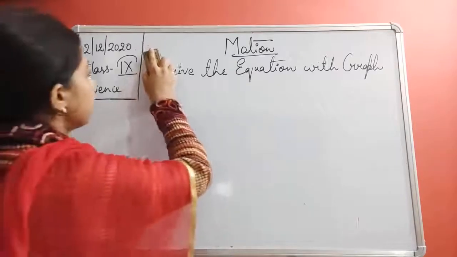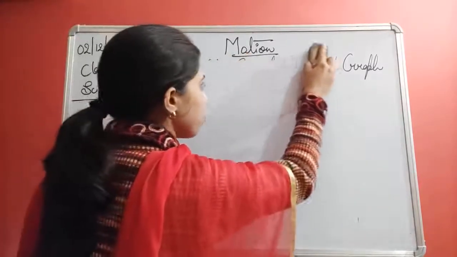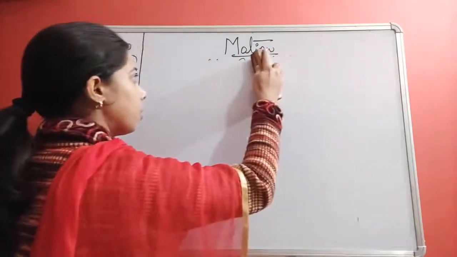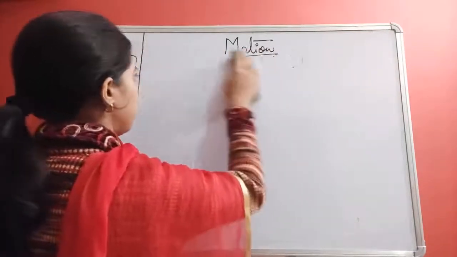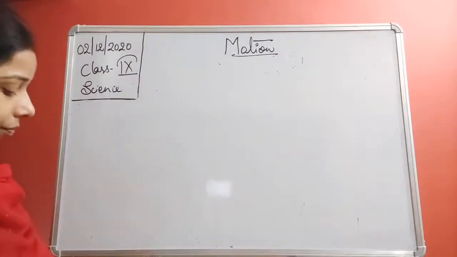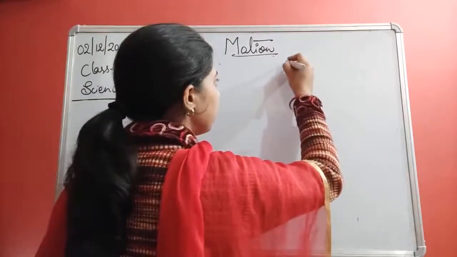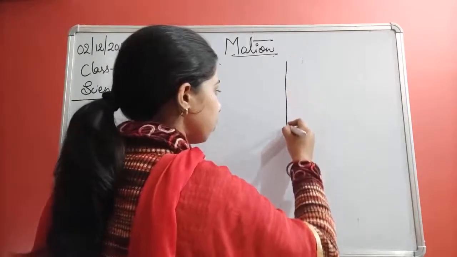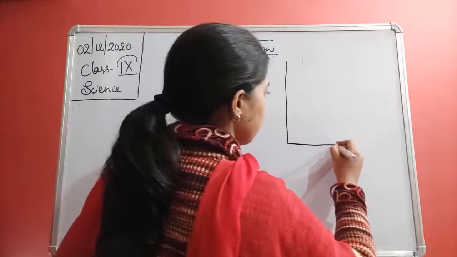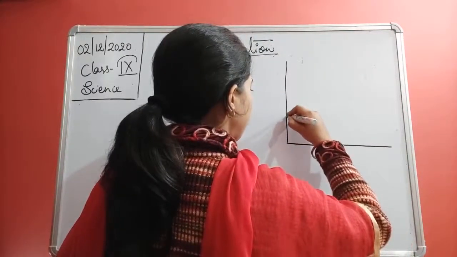At first, we are going to derive the first equation of motion, and for that, I am going to make a graph here. Now this is a graph.